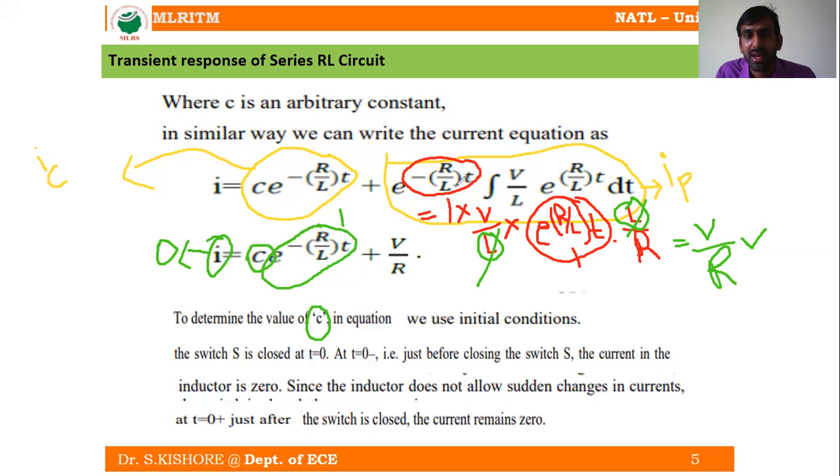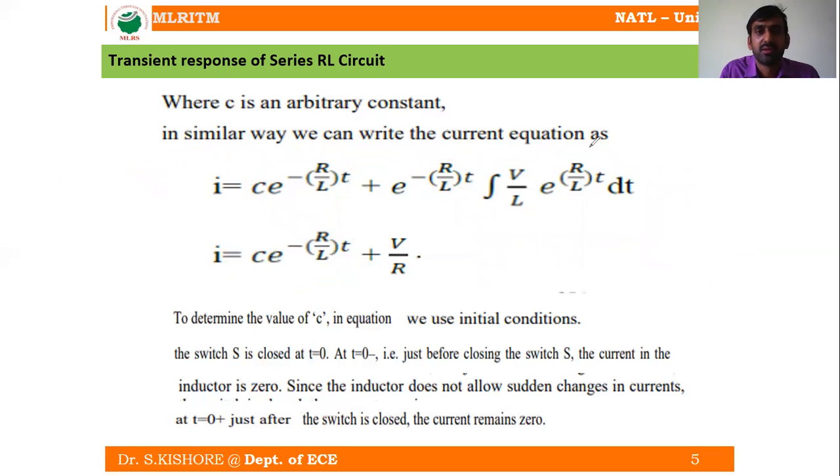Because here we have the minus R by L into t, and here we have the plus R by L into t, so minus and plus are going to get cancelled, and you are going to have e power 0, and finally e power 0 into V by L into L by R. So L and L get cancelled, and we are going to have V by R here. So we have the value of C as minus V by R.